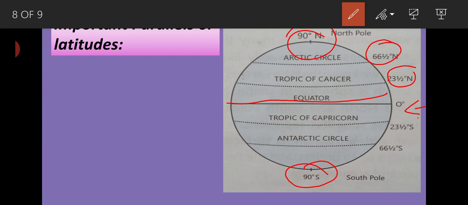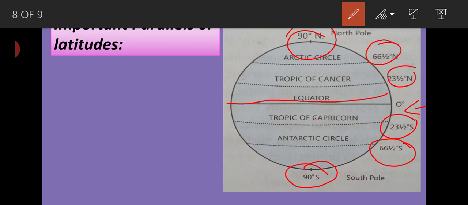When you pass below the equator, at 23.5 degrees south is the Tropic of Capricorn, and at 66.5 degrees south is the Antarctic Circle. So these are the 5 important parallels or latitudes which you have to keep in mind.